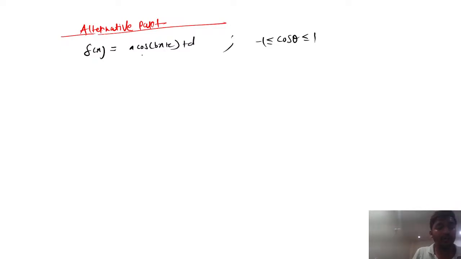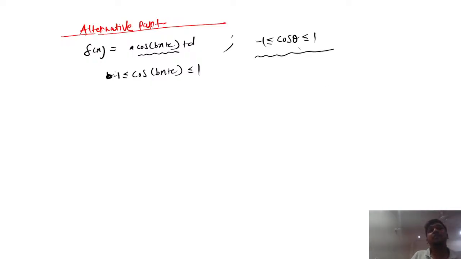So can we write like this? cos(bx + c) is less than or equal to 1, and greater than or equal to minus 1. Okay, because again our cos theta is between these, so we are using the same concept.